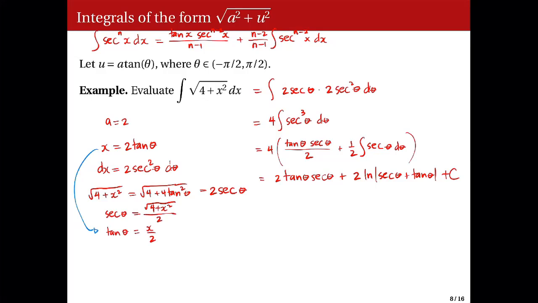And therefore, this guy here is equal to 2 times x over 2 times square root of 4 plus x squared over 2 plus 2 ln absolute value square root of 4 plus x squared over 2 plus x over 2, and then plus the arbitrary constant c.